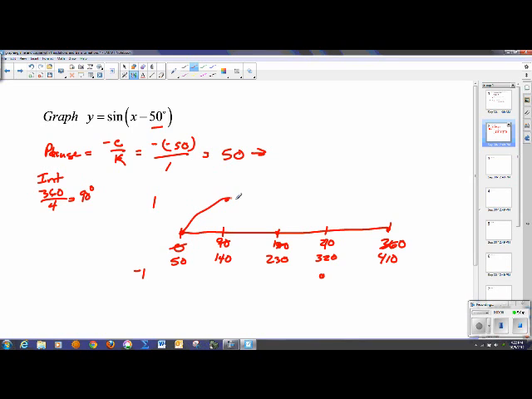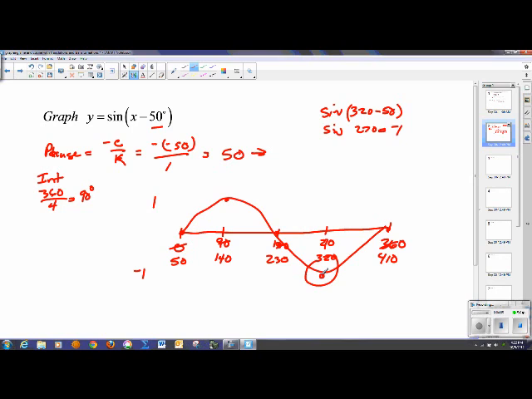So graphing sine, I look very similar to this. Once again, I can do some checking. I'm going to check this value right here at 320. What's the sine of 320 minus 50 degrees, which would be the same as the sine of 270, or negative 1.